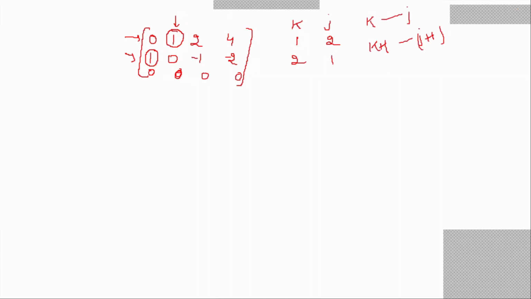That is not satisfied here. So you need to interchange the first two rows, R1 and R2. Then you will get 1, 0, -1, -2, 0, 1, 2, 4, 0, 0, 0, 0. Now this is in a row echelon form. It will satisfy all four criteria.